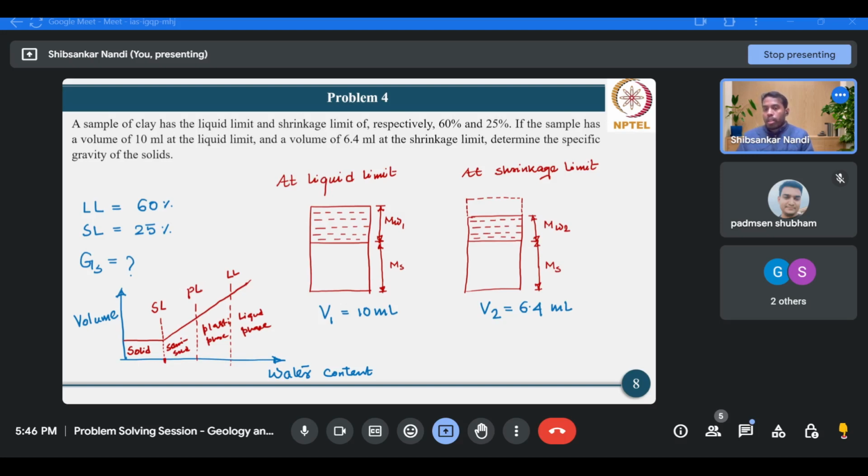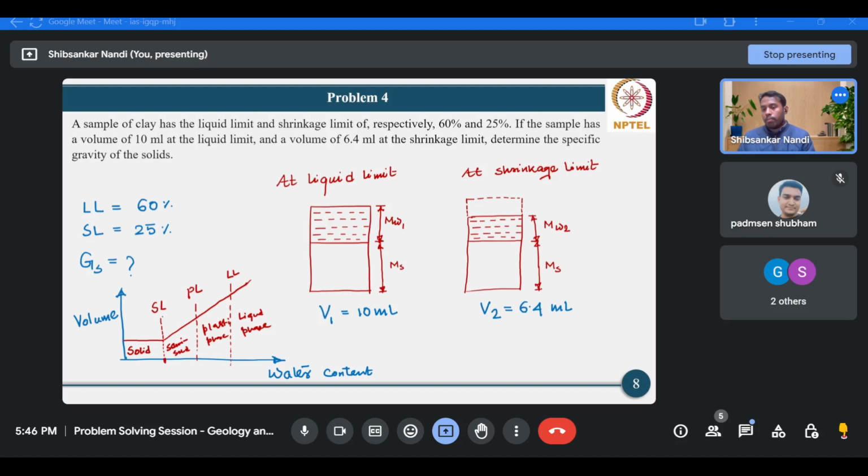Okay, now up to this shrinkage limit, what will happen to the degree of saturation of the soil mass? Any idea? Starting from liquid limit to shrinkage limit, what would be the value of degree of saturation of the soil mass?